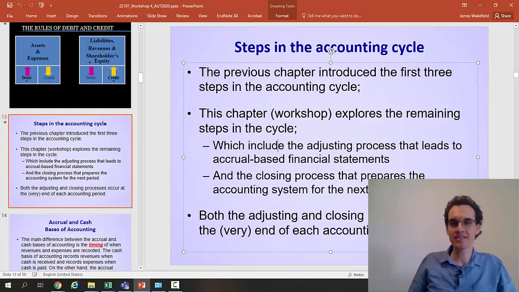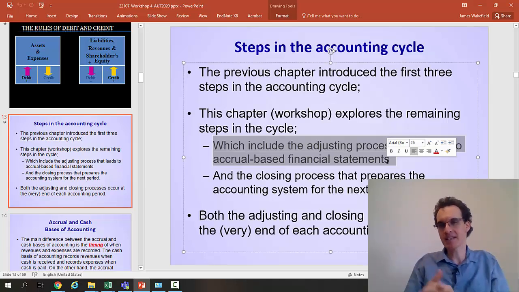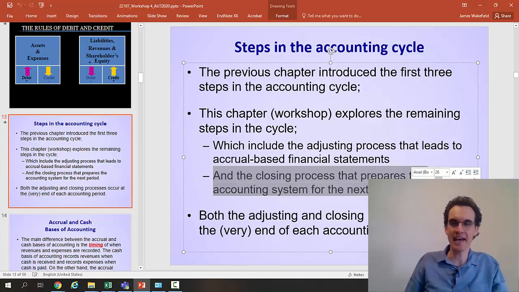We need to adjust some of the accounts to bring them up to date in terms of the revenues we've earned for the period and the expenses we've incurred, so we can comprehensively report on the financial performance of a business for the period. We're also going to look at the closing process that prepares the accounting system for the next period. I'm not going to talk about that now; I'll talk about that later on in this workshop.